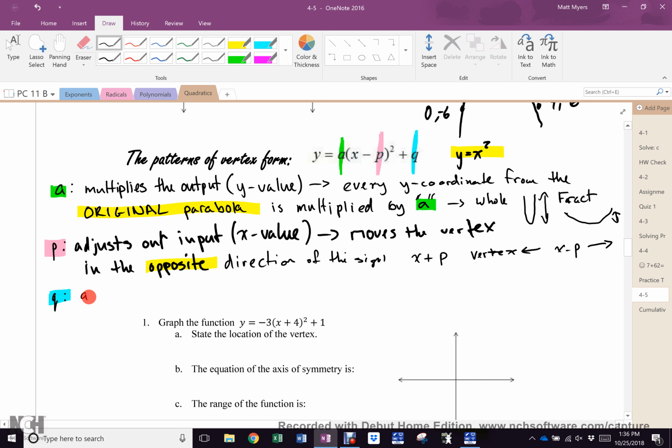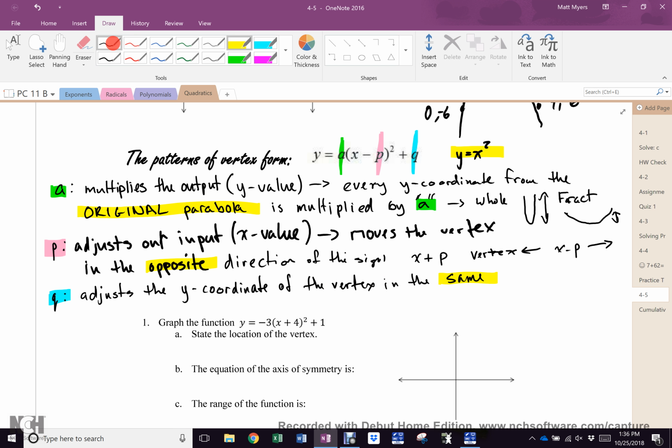Q adjusts the y coordinate of the vertex in the same direction as the sign.